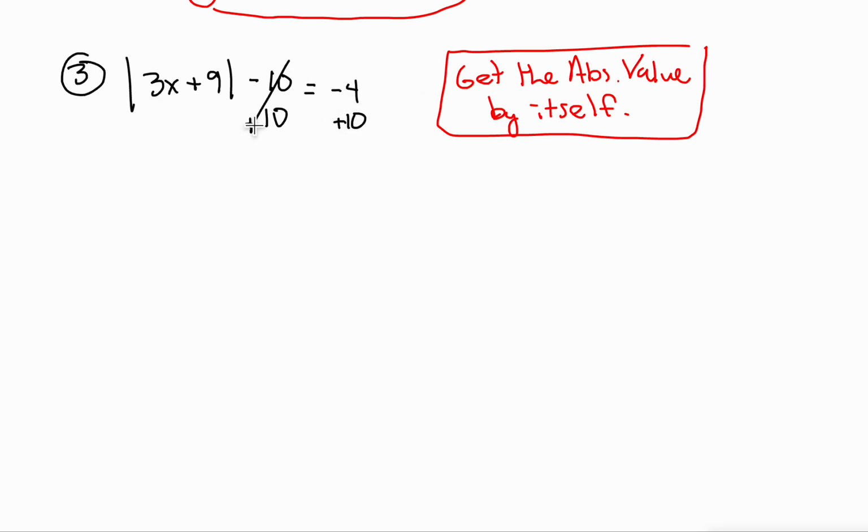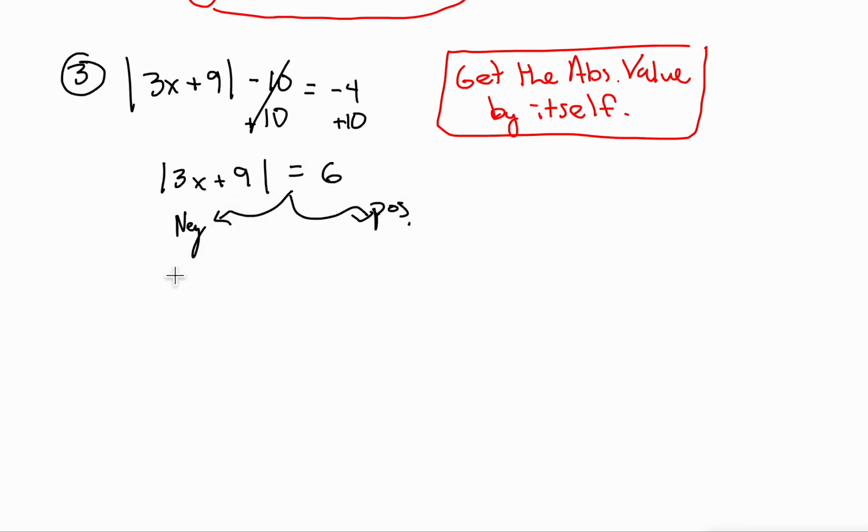So the absolute value of 3x plus 9, bring that down, we haven't done anything with it yet, equals positive 6. So now we're going to have the negative side and the positive side.